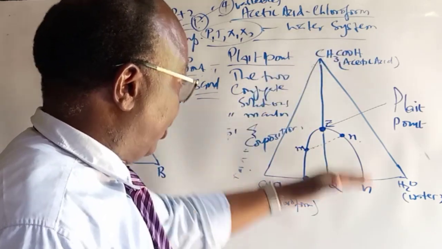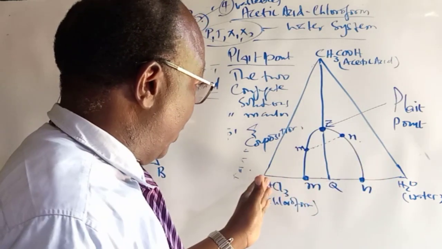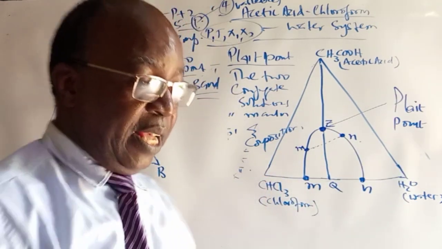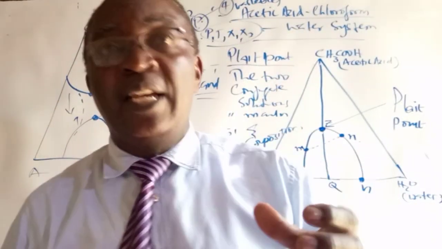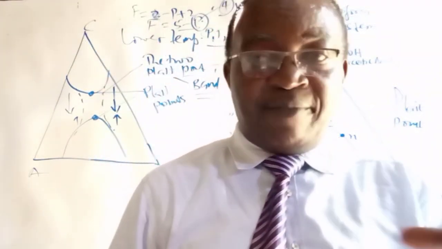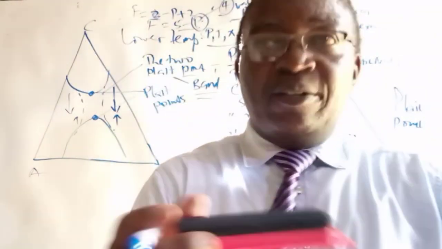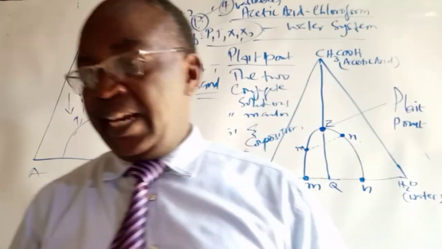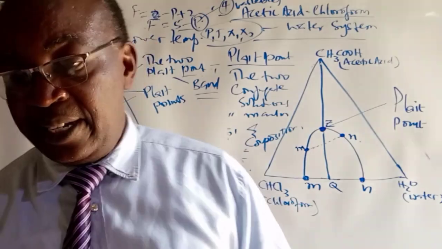We can mark 0% to 100%, and the same with this component, and the same with that component. If, for example, we have a mixture of 2 components, the composition will fall on the line. If there are 3, it falls in the triangle, and you can use the theory of similar triangles to show that the relative proportions along that line to that apex which we've drawn are the same.